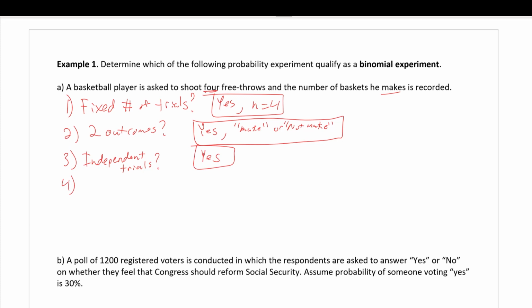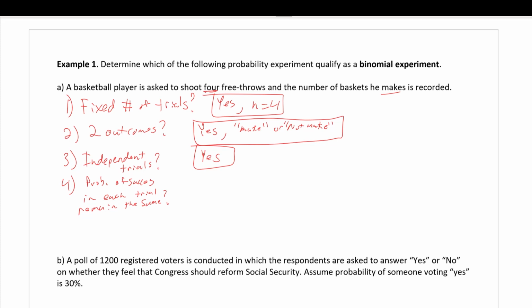Well, again, we have to ask ourselves, does the probability of success in each trial remain the same? All right. So now it doesn't tell us a particular probability of this person making the shot, but we can just make one up.